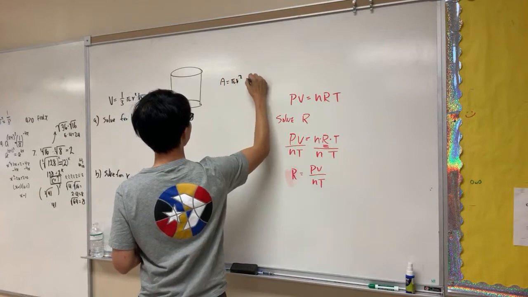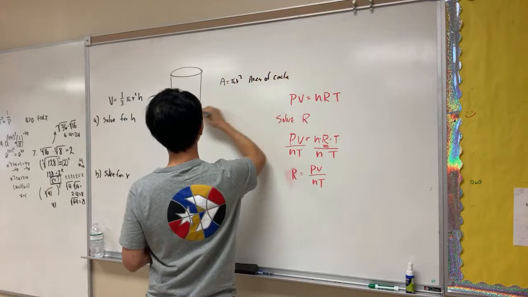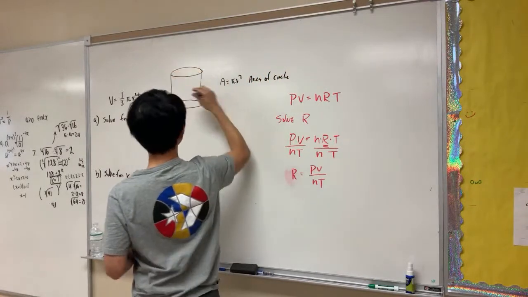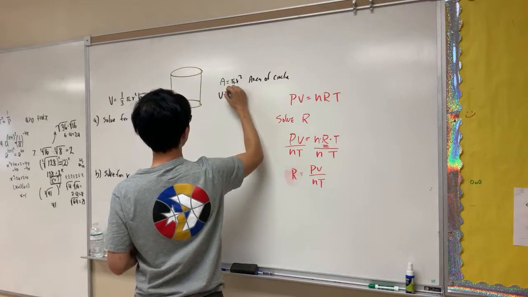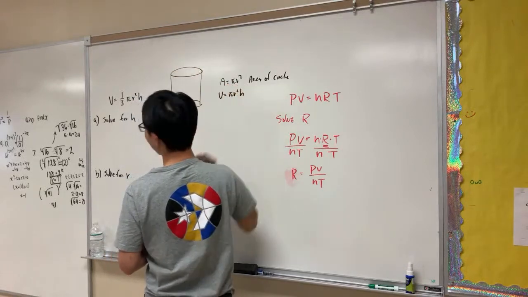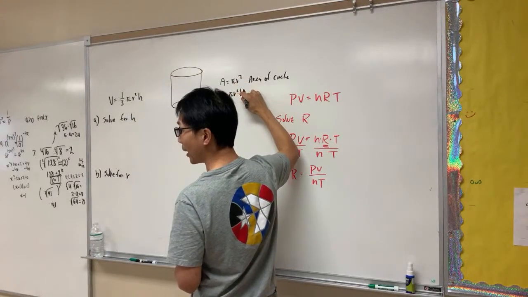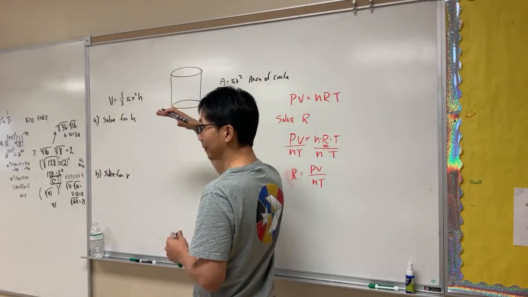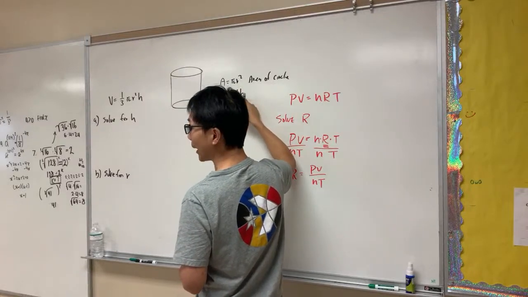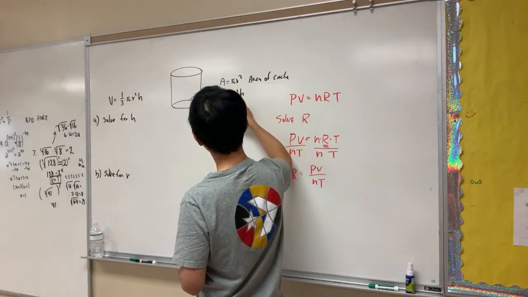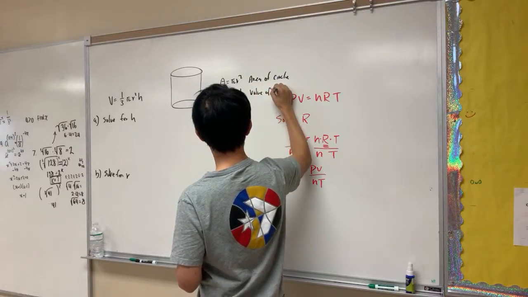If you stack it h high, the volume of a cylinder is pi r squared times h. Pi r squared h is the volume of a cylinder.